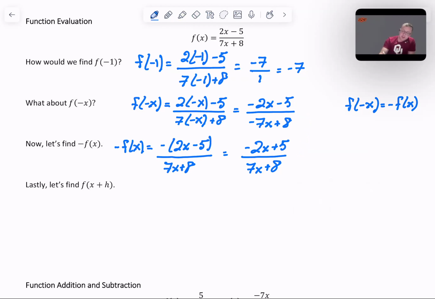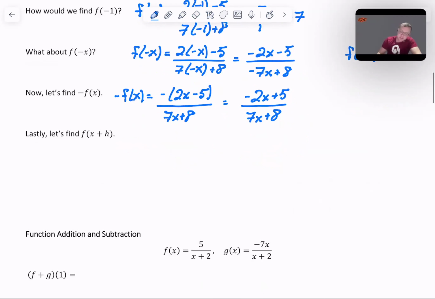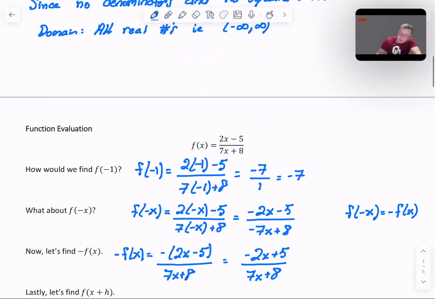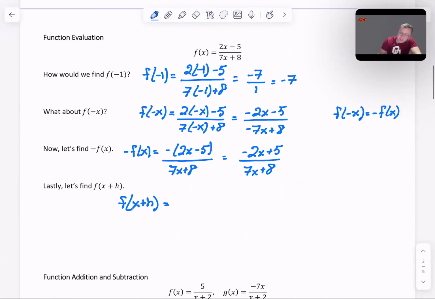So now let's go on to calculating f of x plus h. So what this does is instead of plugging in x, it plugs in x plus h. So let's see how this would work. So f of x plus h is, so up here, any place I see an x, I'm going to plug in an x plus h.